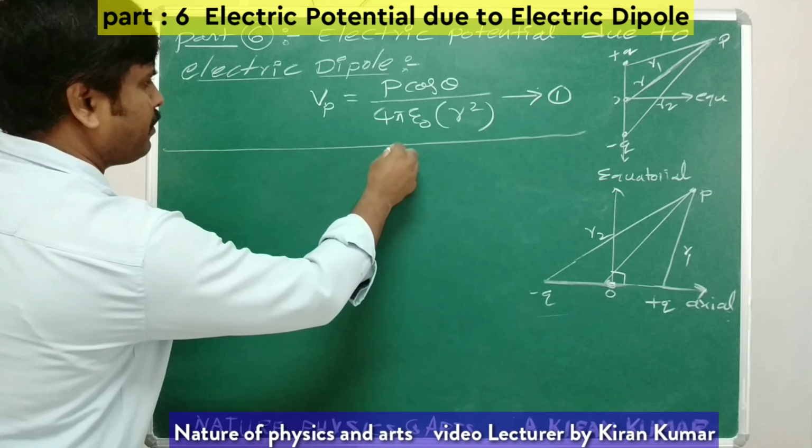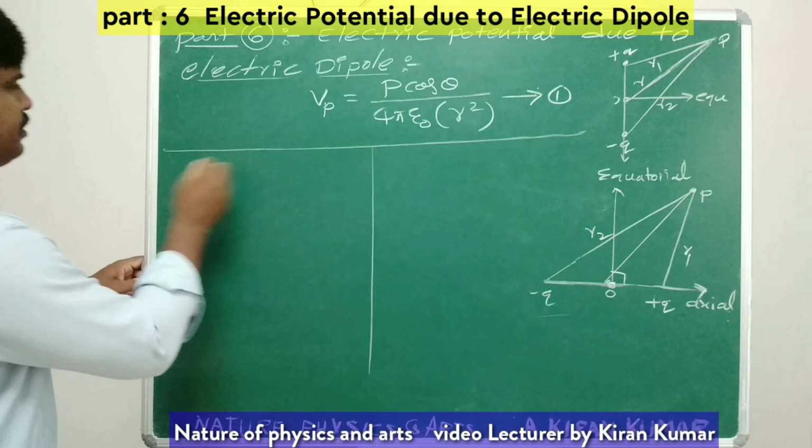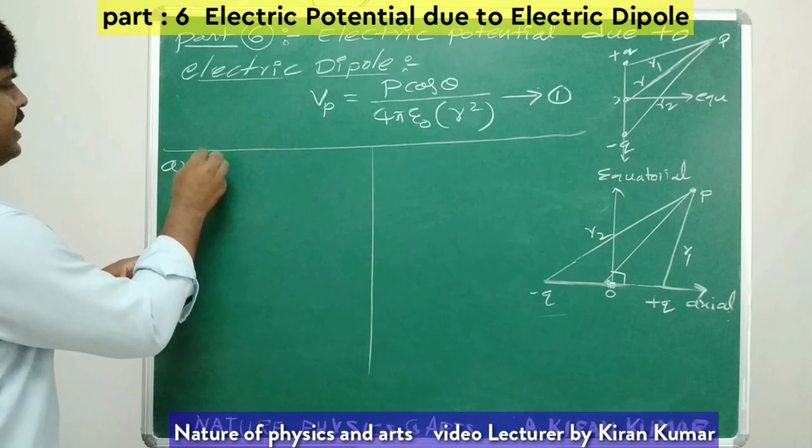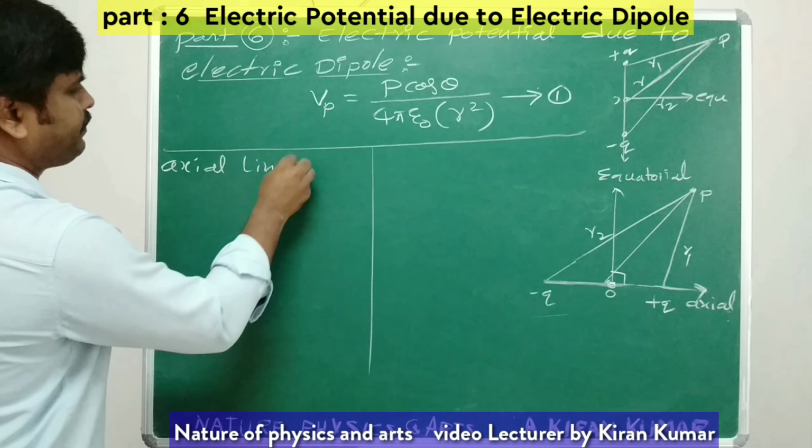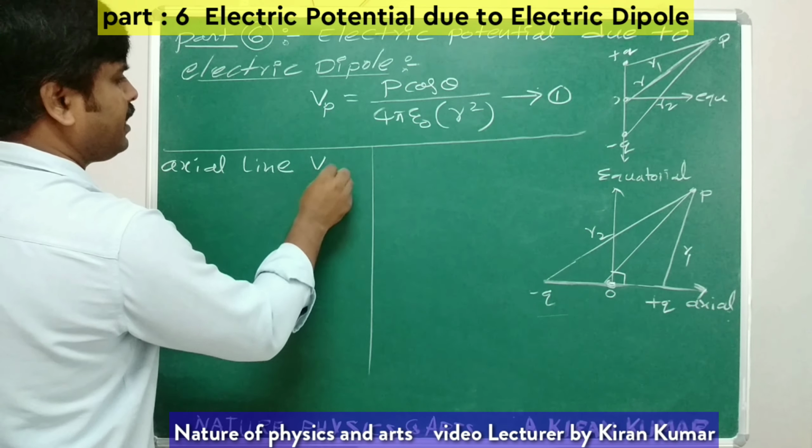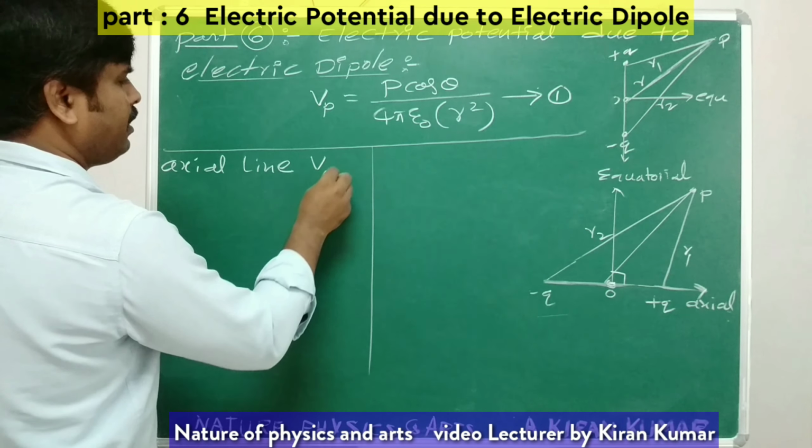We take VA as the potential on the axial line and VE as the potential on the equatorial line. The axial line is this and the equatorial line is this. I already gave you information about it.